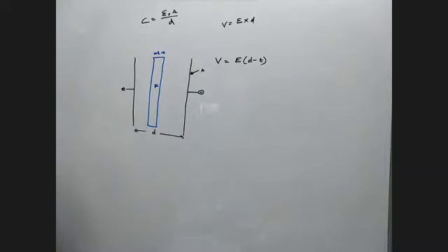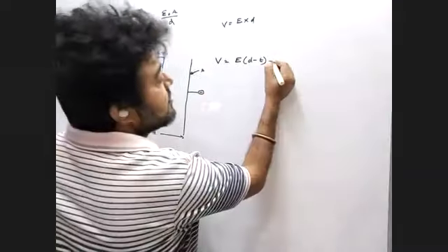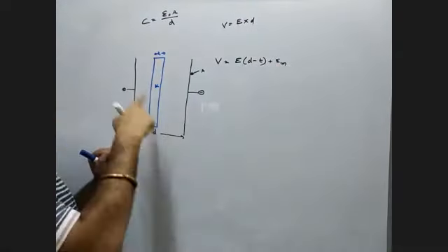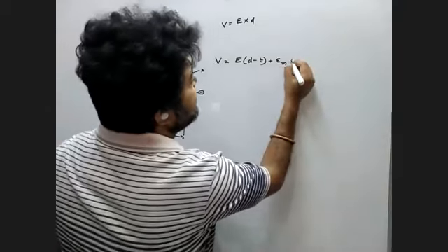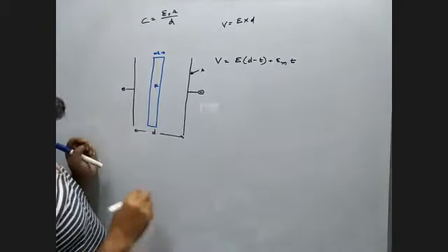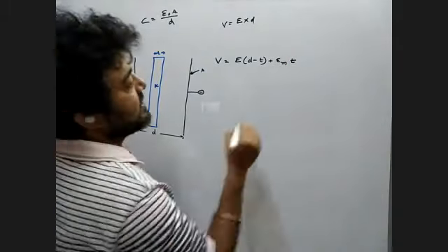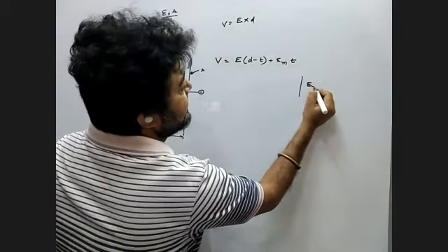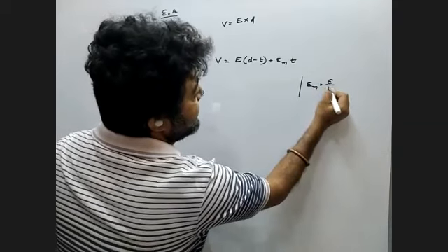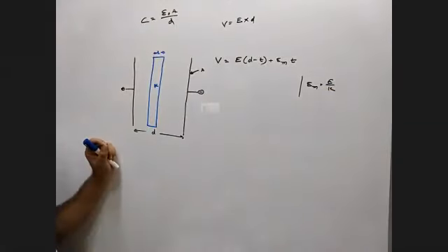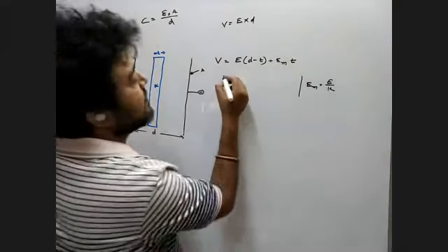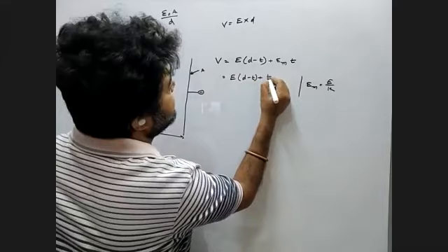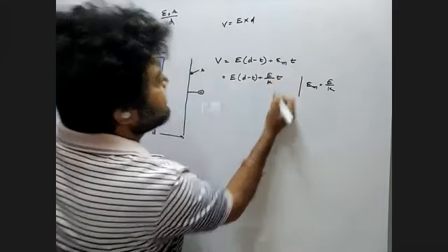Now for the dielectric slab, E medium into T. We know the E medium is E by K, from the properties of a dielectric medium. So we can write V equals E times (D minus T) plus E by K into T.